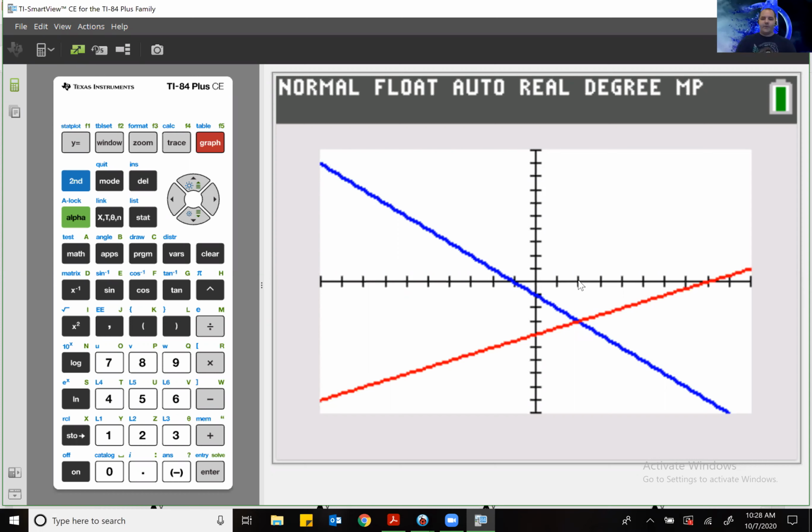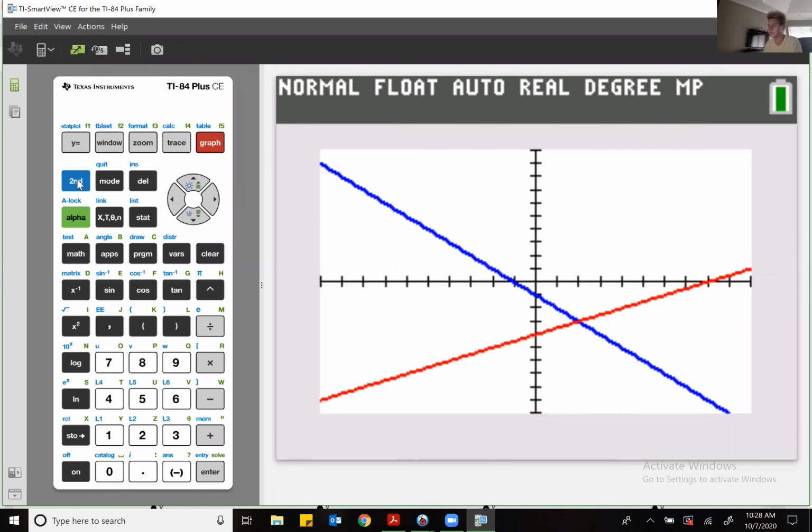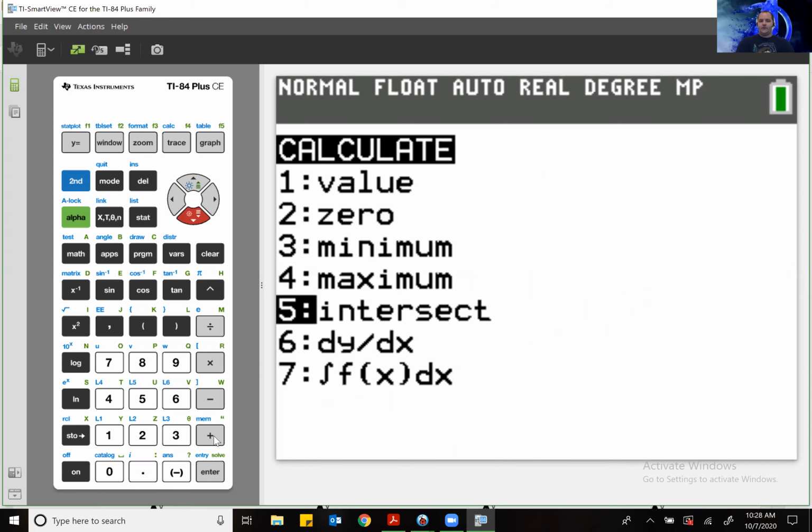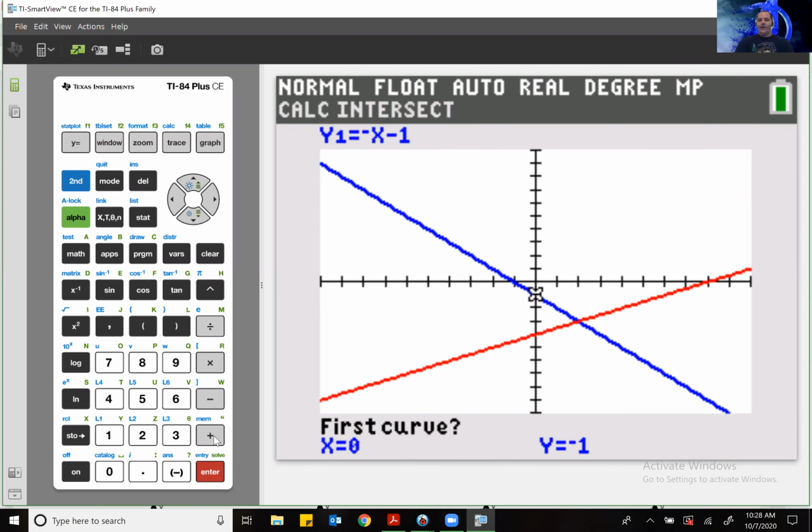And again, remember that we can check this in the calculator by doing second trace and going to number 5, intersect. So we scroll down, hit enter, and then what do we do now to check that?